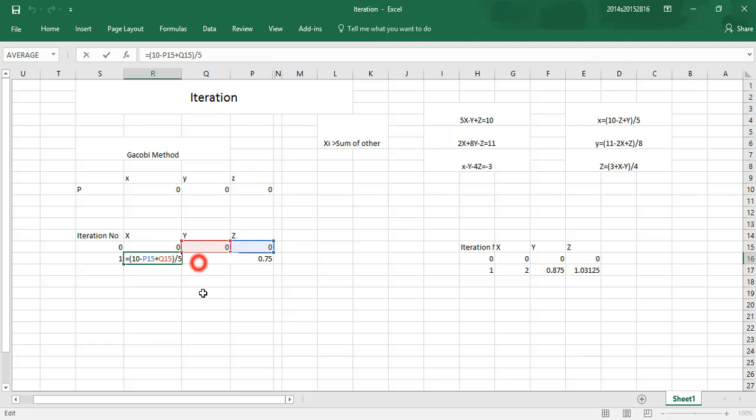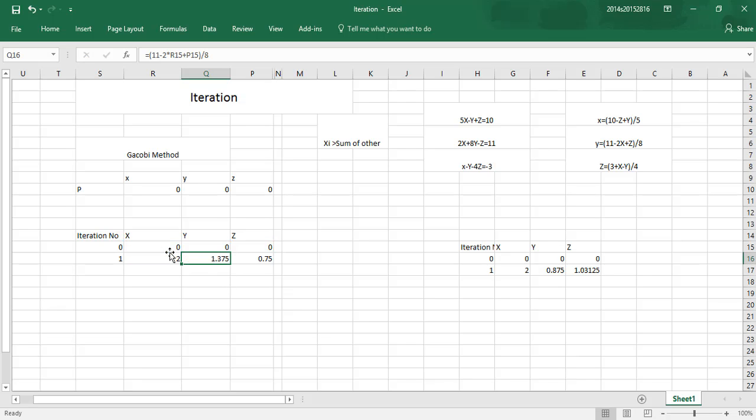Okay, and the same for y: here y equals 11 minus 2x plus z, all divided by 8. As you see here, the value of y will equal 11 minus 2x plus the value of z, all divided by 8.